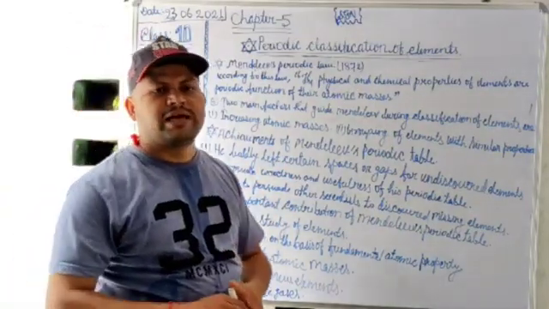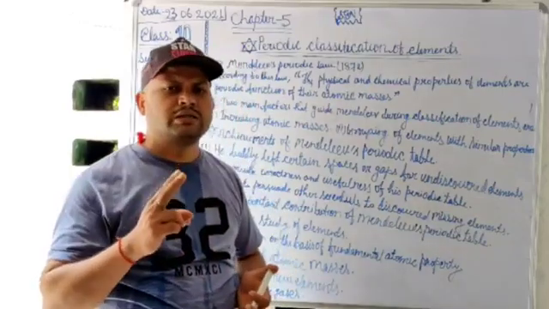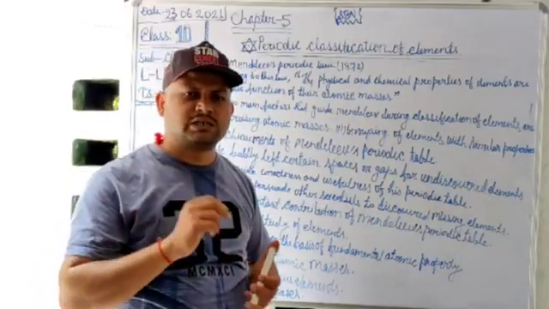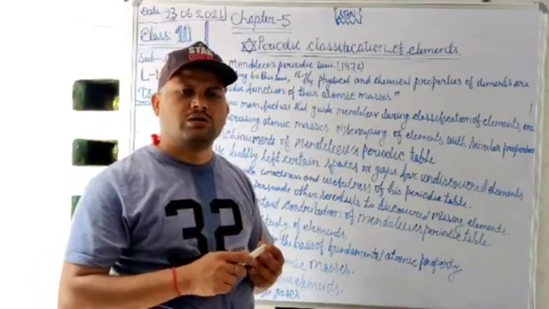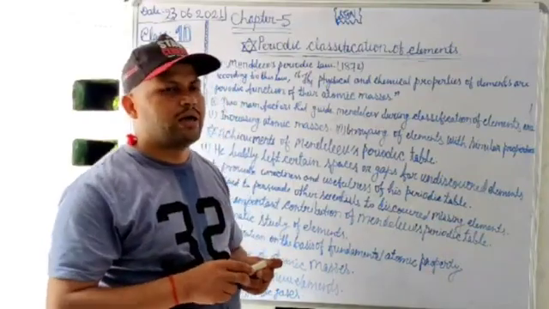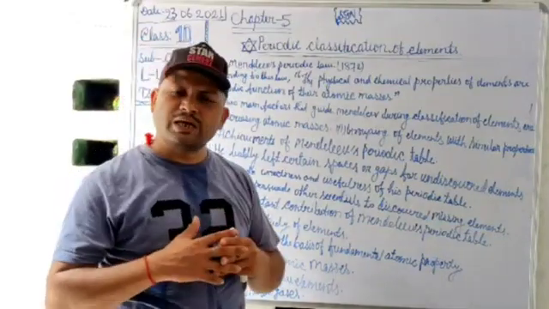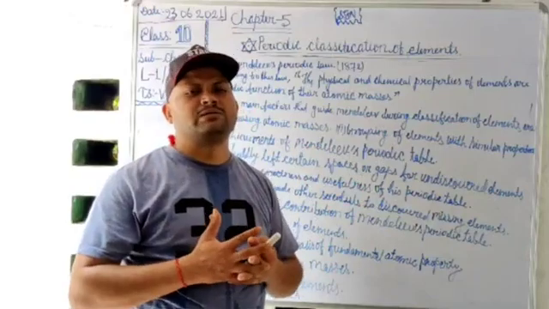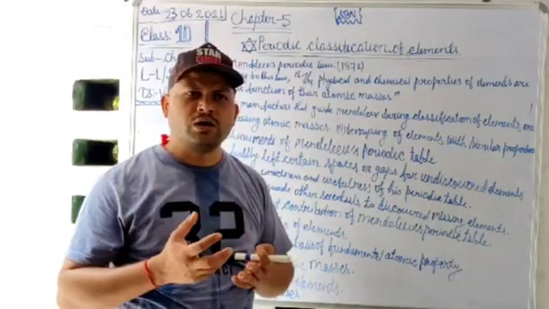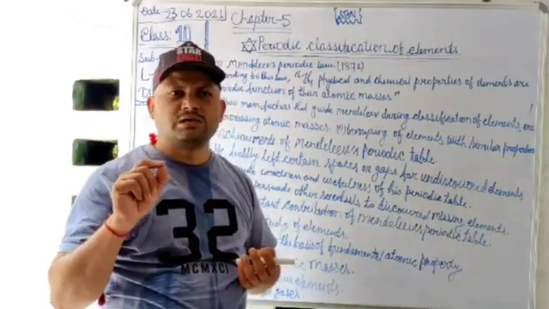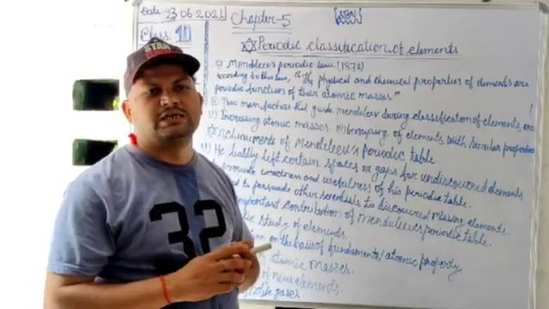Actually, at that time only 63 elements were known, and Mendeleev arranged all these elements on a cardboard and wrote their respective properties.